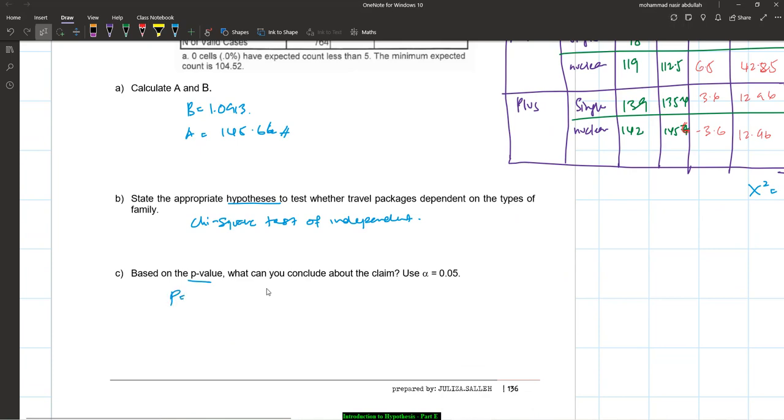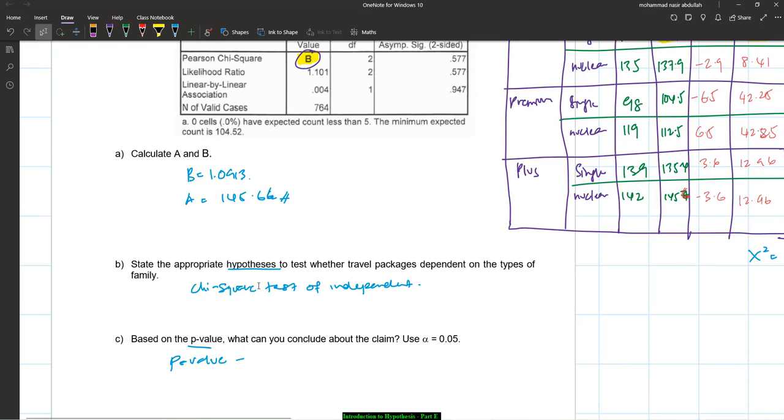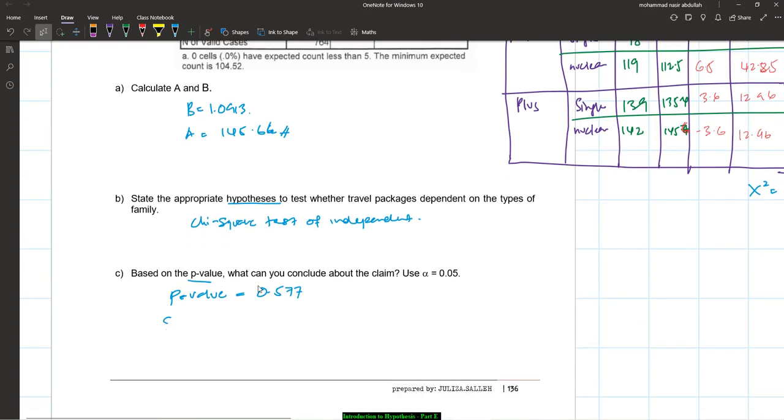So see the p-value is 0.577. Since the p-value is more than alpha, which is 0.05, null hypothesis is accepted.